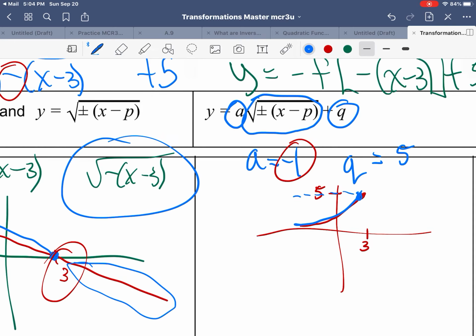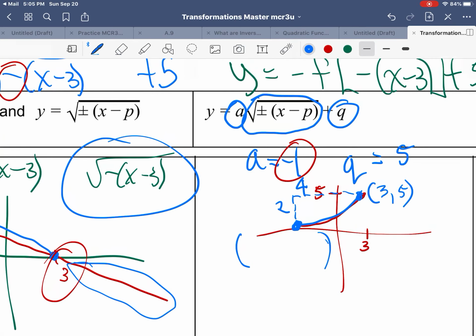And then I'm going to notice that this is 4, this is 2. So what will this location be? Okay, so this one here is 3, 5. And so what will the new location be?